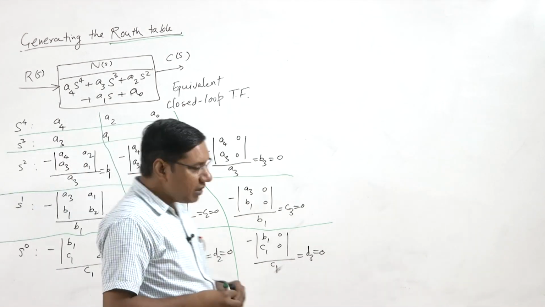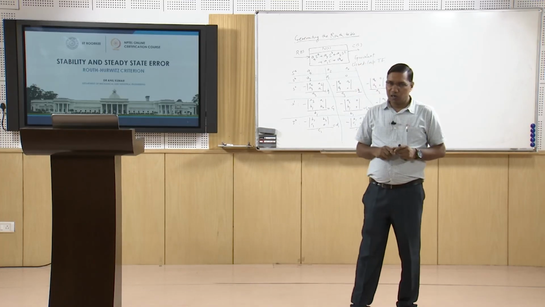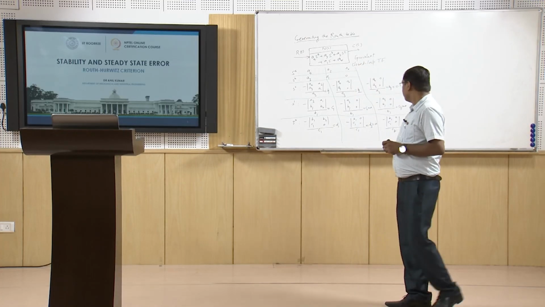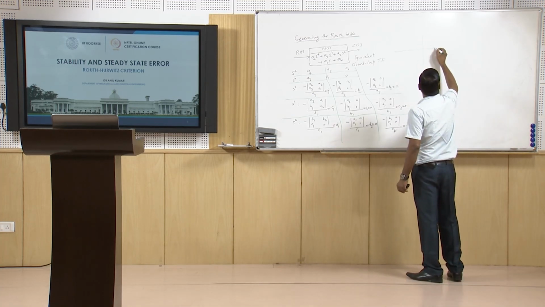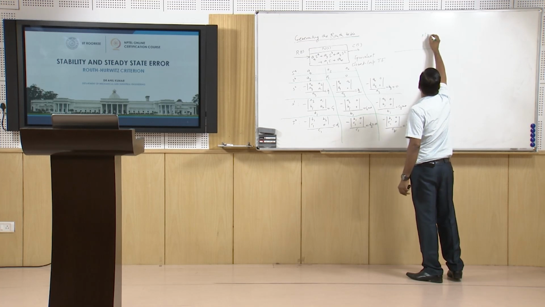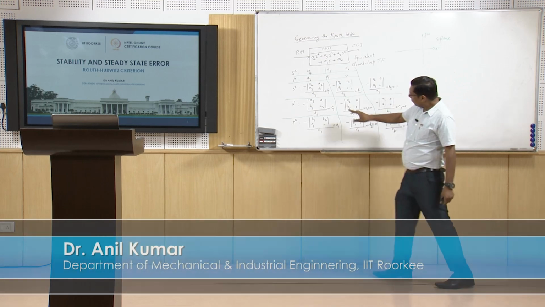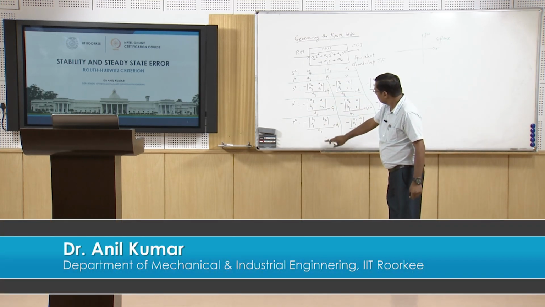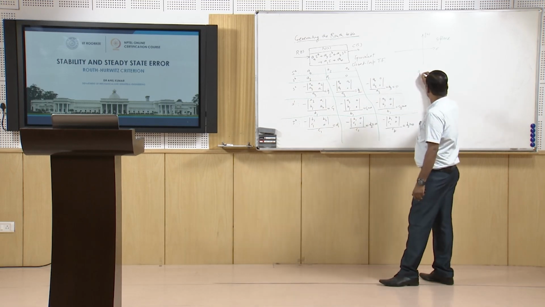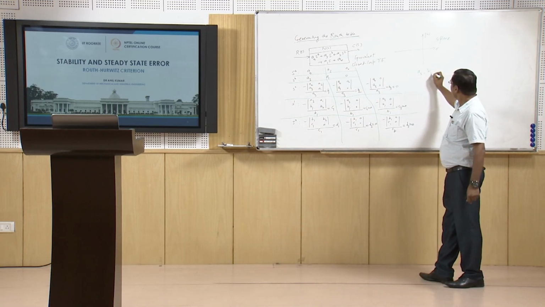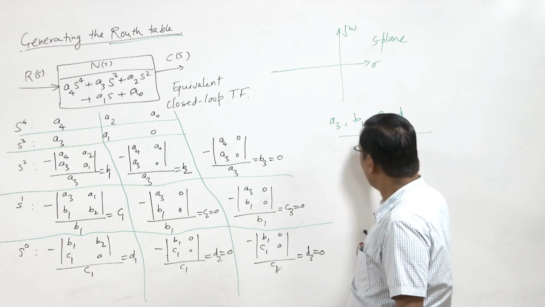Now from this table, how will we know how many poles are to the left side or how many poles are to the right side? So suppose this is our S-plane. We have to watch the first column. So the first column elements are A4, A3, B1, C1 and D1.